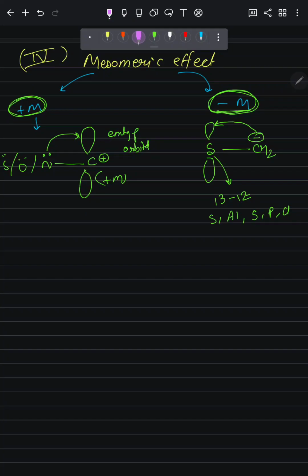So let's take an example of a mesomeric effect, an example in which we need to calculate the acidity order, who is the good acid. So the example is CHCl3 or CHF3. We know that to understand whether the compound is acidic or not, a hydrogen is removed and an anion is formed.